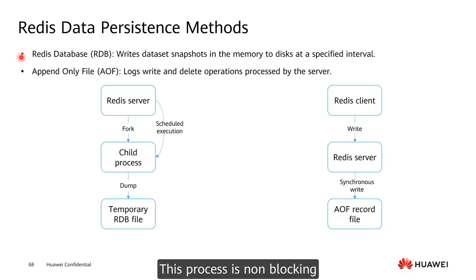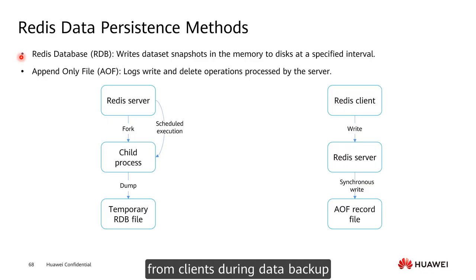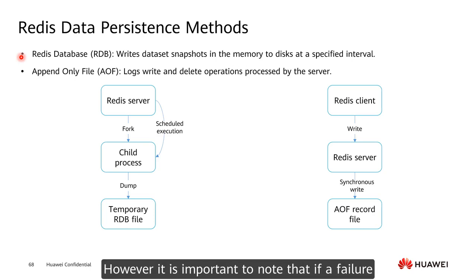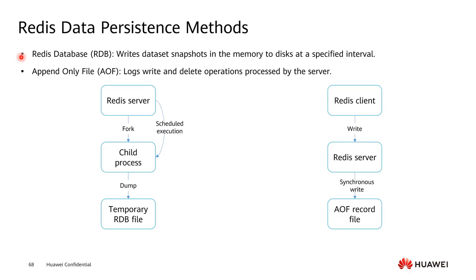This process is non-blocking, which means that Redis can continue to process requests from clients during data backup. The RDB has the advantages of fast recovery and small file size. It is suitable for periodic data backup and disaster recovery. However, it is important to note that if a failure occurs between two snapshots, data since the last snapshot will be lost.